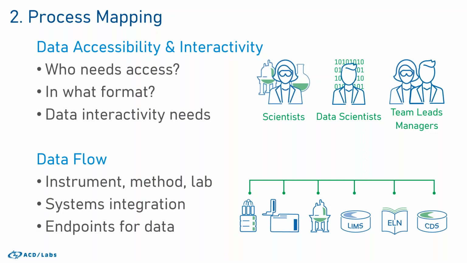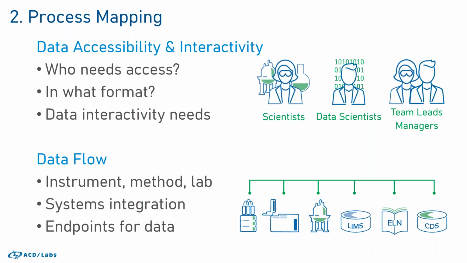Data flow. So again, think about the systems that are going to be touching all of the analytical data, whether it is the acquisition software, the database, the LIMS systems, ELNs. Think about what systems are going to be required for integration, and think about the endpoints for that data.